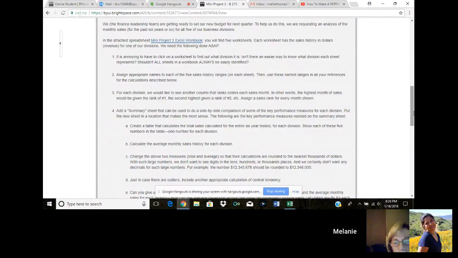And then you add a summary sheet and do a side-by-side comparison. Right. And in the little video clip, he wanted us to put the division, like alpha, beta along the top, and then all the measurements on the side. Mm-hmm. And this is where I'm just kind of stuck. I don't know if I'm doing the formulas right on all of these.